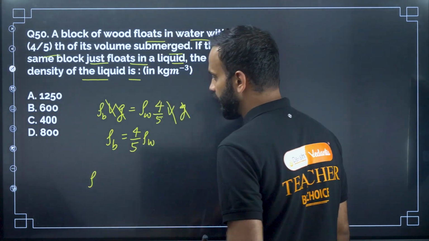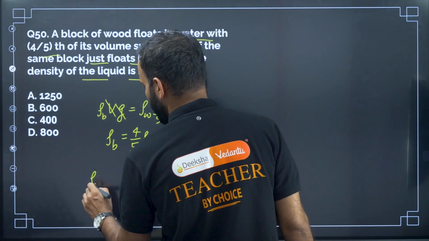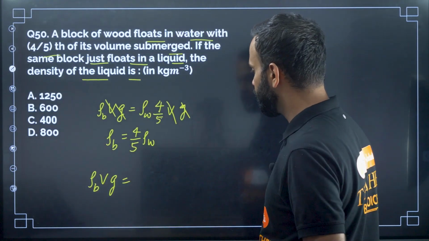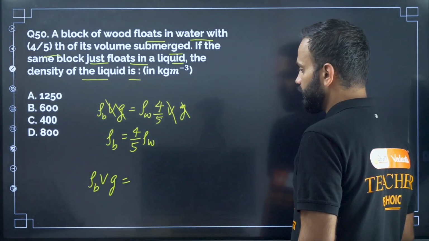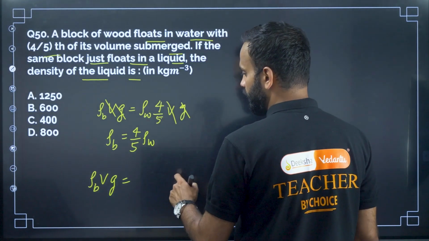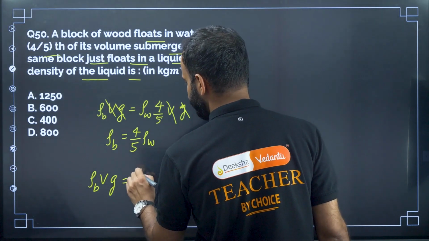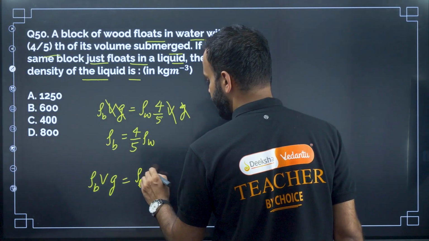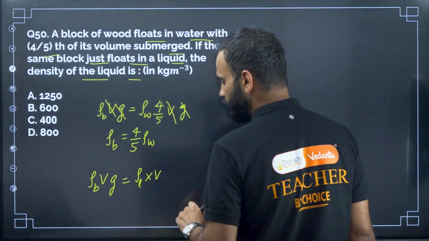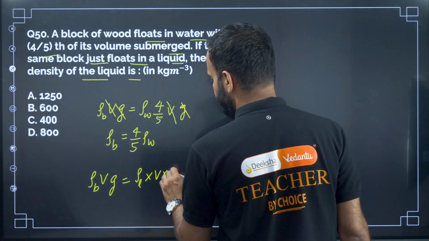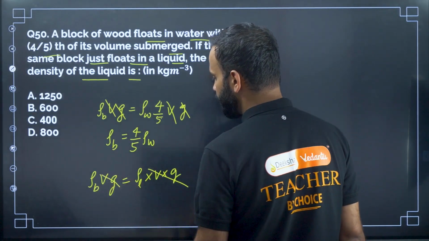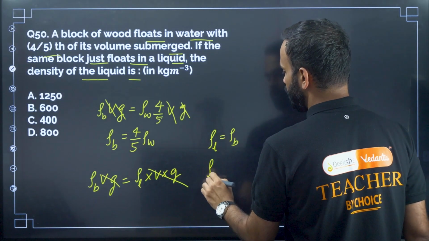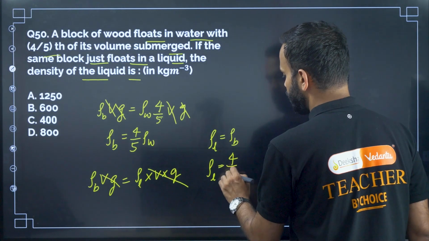The gravitational force acting on the block, rho B into volume of the block into g, is equal to the buoyant force, which is density of the liquid into volume of the liquid displaced, that is V only, into g. So now Vg will get cancelled. Rho L is equal to rho B, which is 4/5 times rho W.